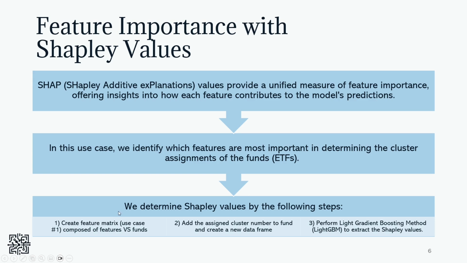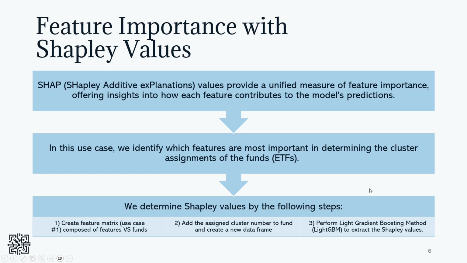And how do we do this? Well, we've got 3 steps here, right? Well, we already have our feature matrix. Okay. So we're going to keep that feature matrix. And then we will assign a cluster number to each fund. We did that briefly in the first case study, but now we're going to be doing it through the gradient boosting method. And then once we have that, we can apply the Shapley values. So that's the 3 steps.